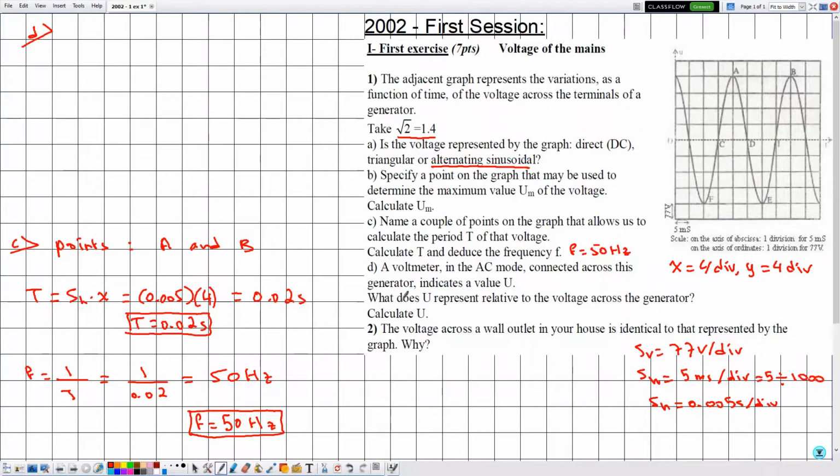So first, let's justify what U represents relative to the voltage across the generator. Let's say a voltmeter in the AC mode measures the effective voltage. Then in this case U represents the effective voltage.